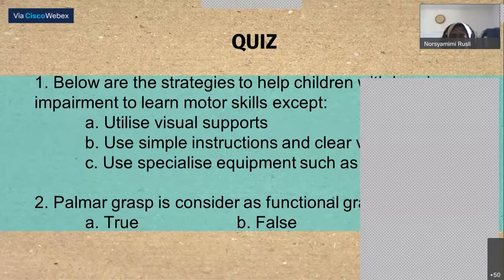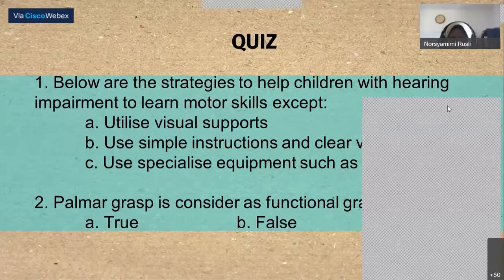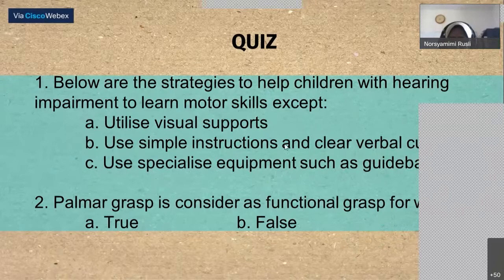Okay, move on to the quiz. Number one, there are answers saying A for hearing impairment. The question: strategies to help hearing impairment, except A, utilize visual support, B, simple instructions, C, use specialized equipment.